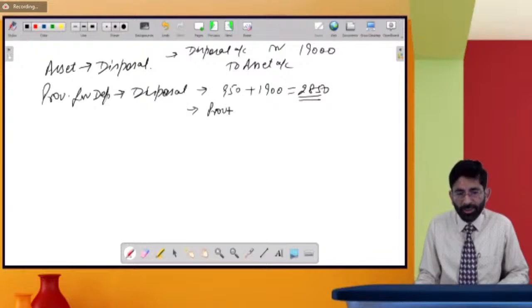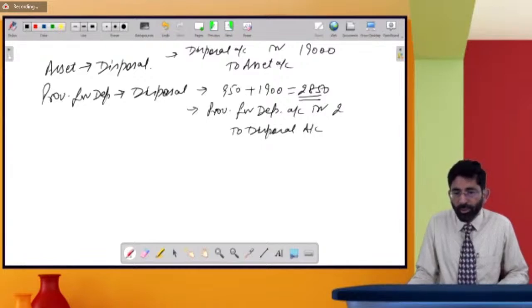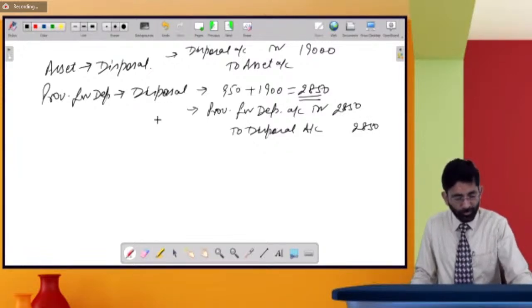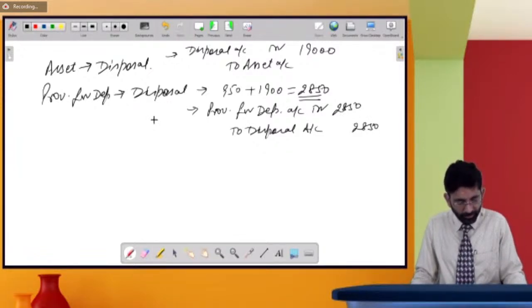Provision for depreciation account debit to disposal account, beta, 2,850. So these two entries will be passed.